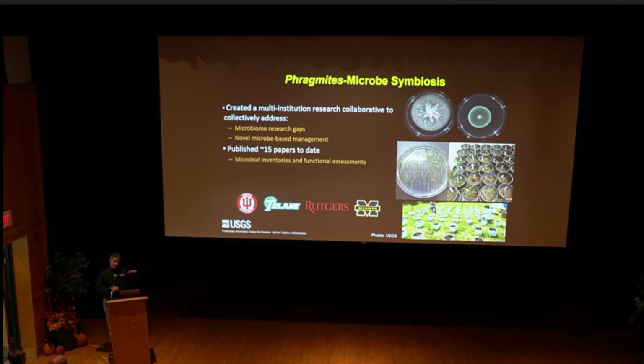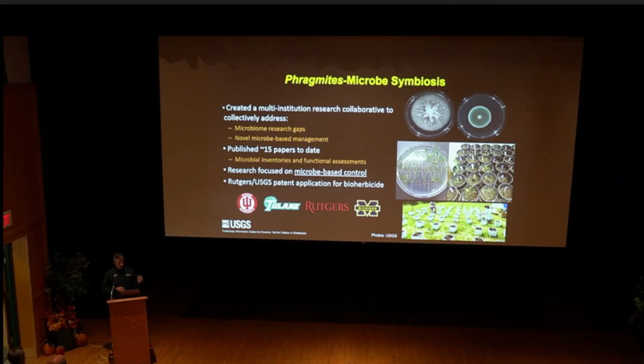We've been working together on this for a number of years. There's a bunch of papers that we've been able to put out that have helped sort out an inventory of what microbes are on and around Phragmites, what they do. And that's also led to some development of, all right, what treatments can we develop to try to target those microbes?